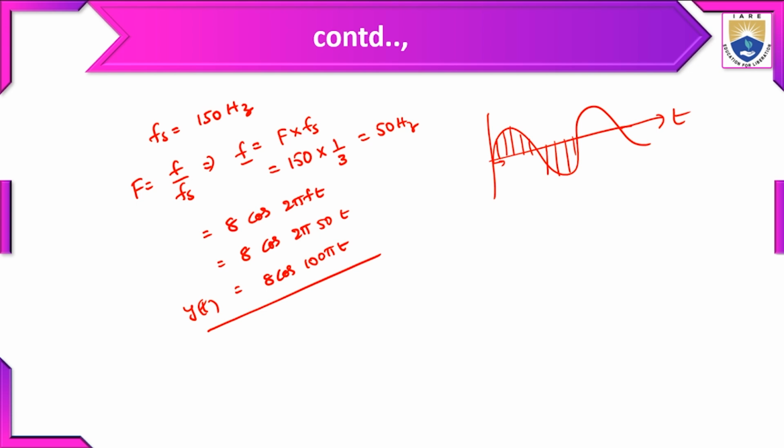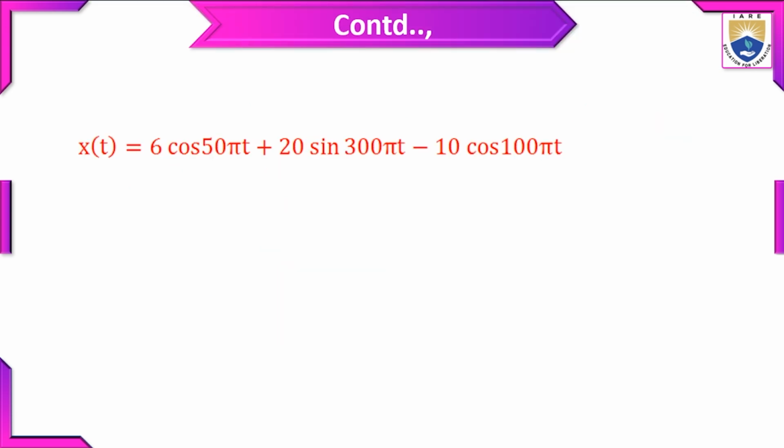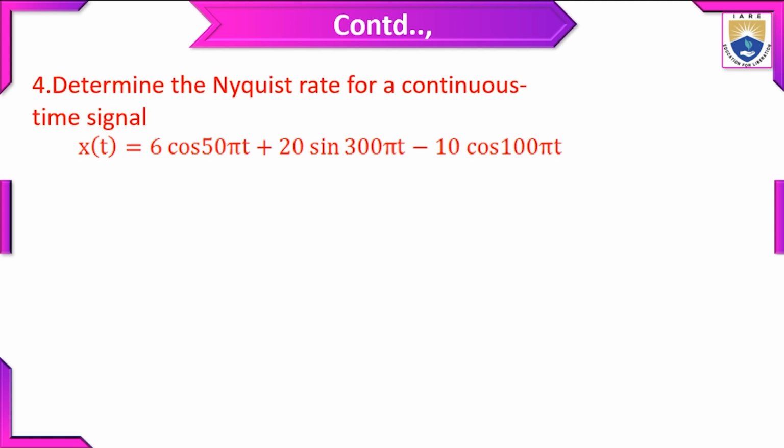Third part. Now we go for another problem. Determine the Nyquist rate for a continuous time signal x of t equal to 6 cos 50 pi t plus 20 sine 300 pi t minus 10 cos 100 pi t. This is also a composite continuous time signal.